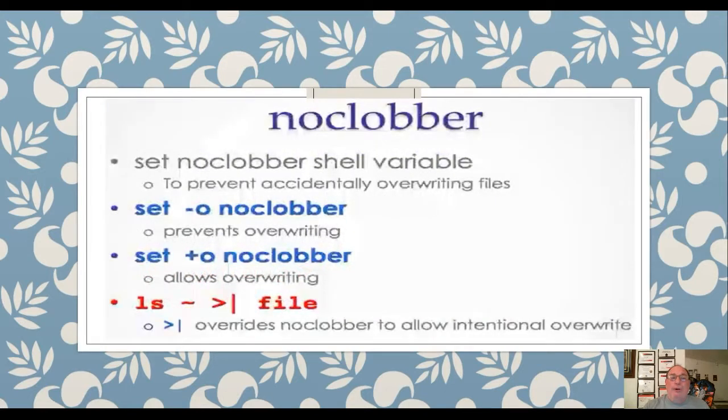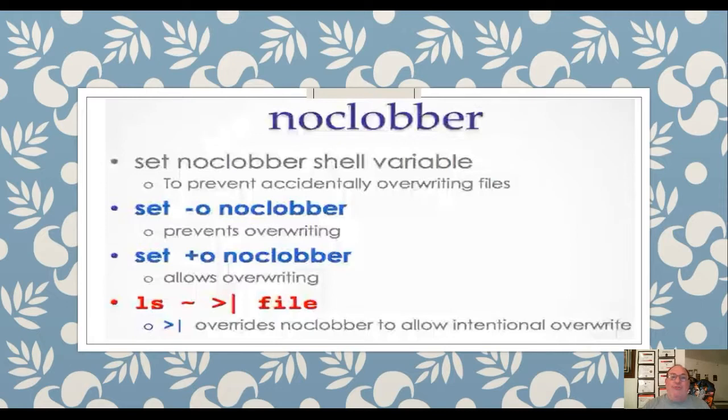The no clobber variable. That's a special variable that's set aside to prevent accidentally overwriting files that you might not want to overwrite. So you could set no clobber, and if you use the -0, you're setting it to prevent overwriting. If you're setting it to a +0, you're allowing it to be overwritten.